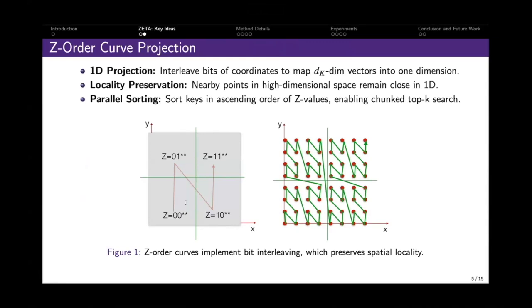Nearby points tend to keep the same distance ordering. So you can imagine I have a single token here and things around it. This token, this token, this token will have the same distance ordering once you do this projection.